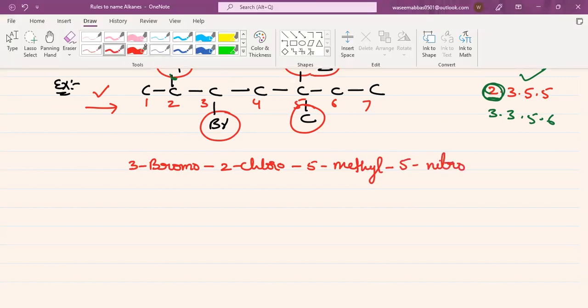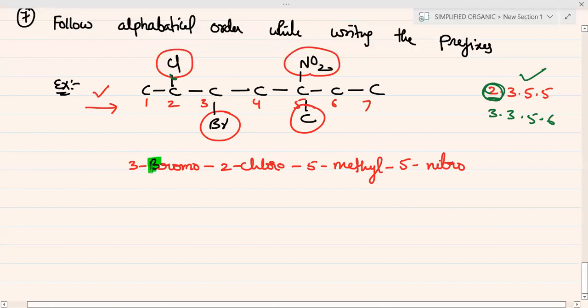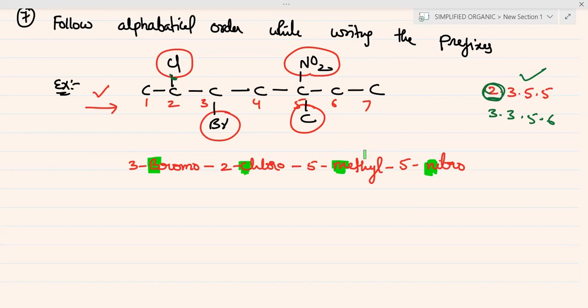This is the rule you need to follow, following the alphabetical order. B we have, here C we have, M we have, and N we have. So when different substituents are possible, while writing the name, you have to follow the alphabetical order. I hope this is clear, everyone.